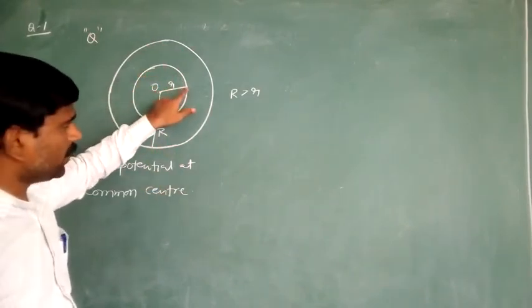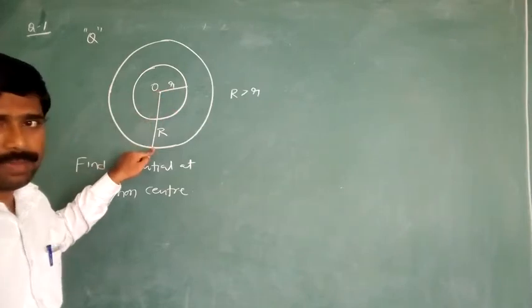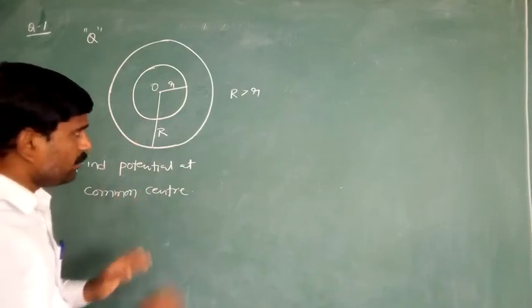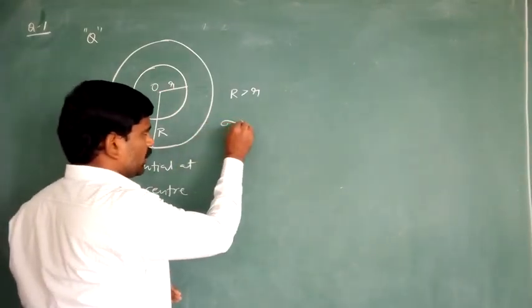The first has radius small r and the second has radius capital R. They have given that the surface charge densities are equal.